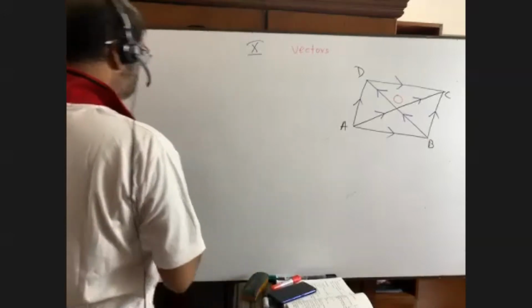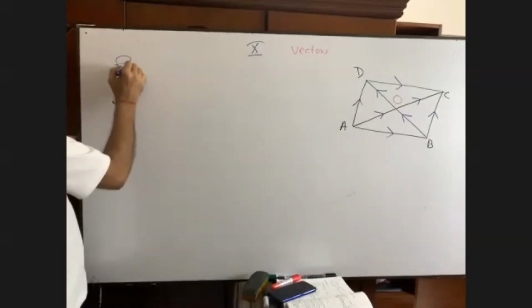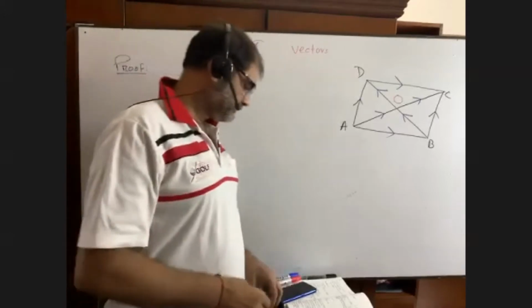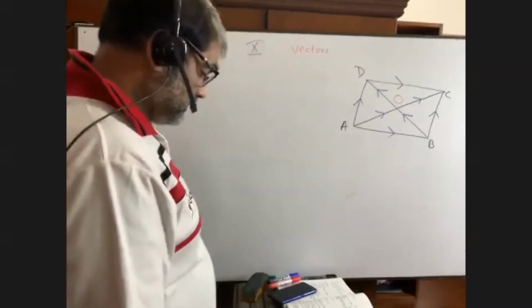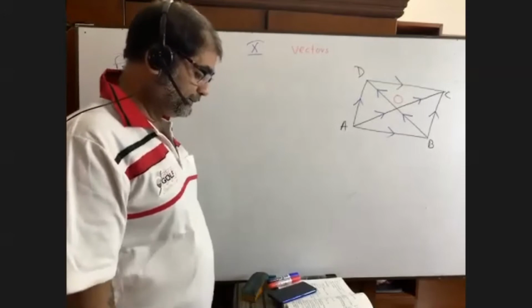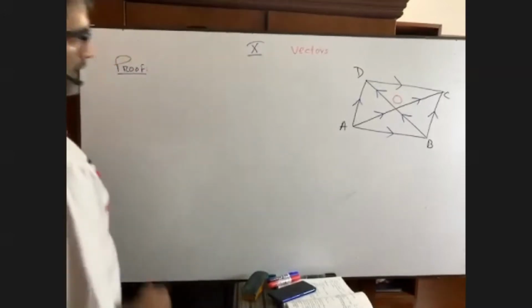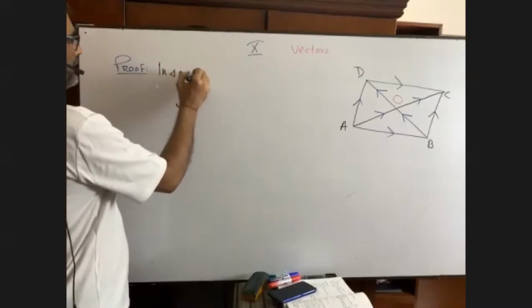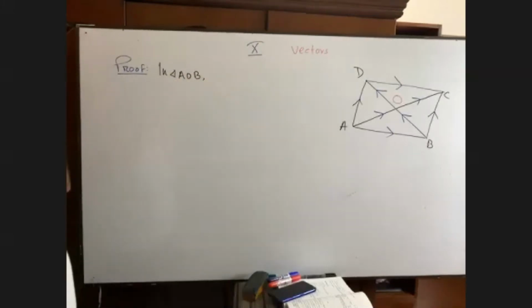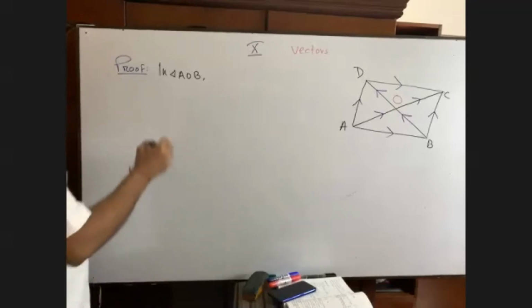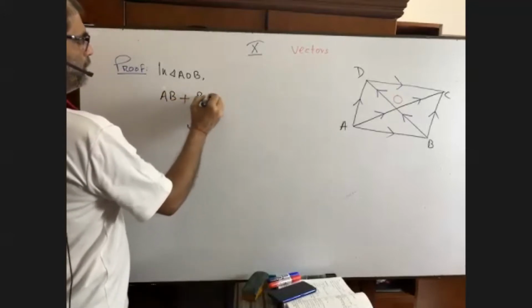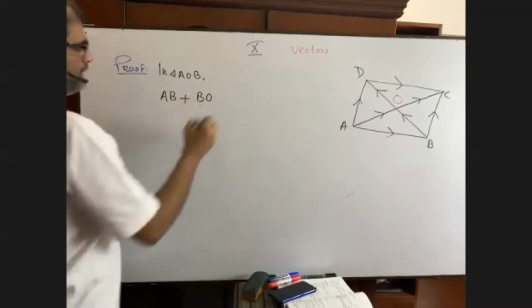Now write down proof. In triangle AOB, by the triangular addition of vectors, AB plus BO, you see, B will be omitted, is equal to AO.